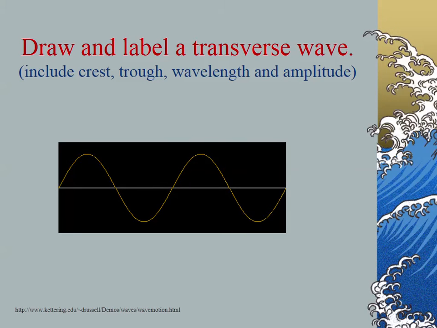As for wavelength, the classic definition is crest to crest, trough to trough. We need to make sure one wavelength is one complete wave. That means it's one complete up and down motion of the wave itself.